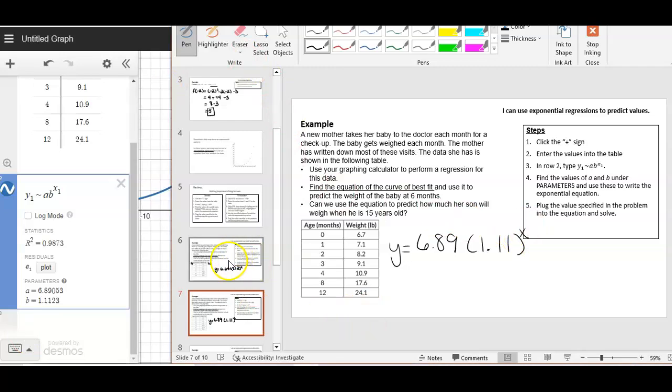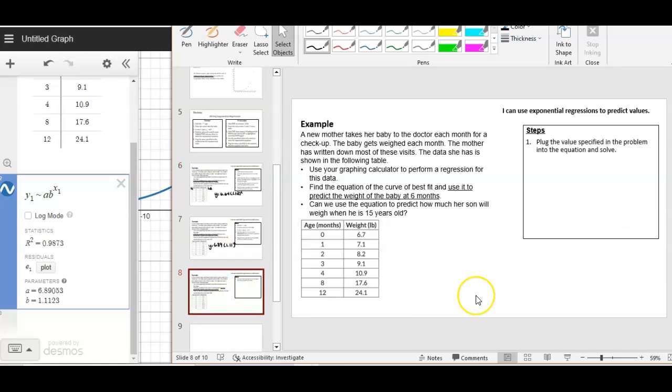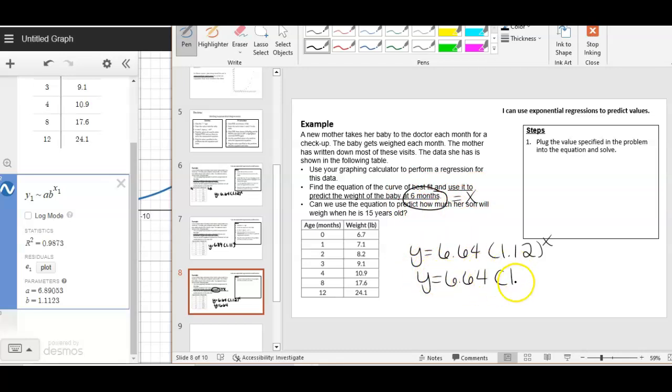Okay, so we can now use this equation to go ahead and approximate the weight of the baby at 6 months. So we have this equation 6.64 times 1.12 to the x. So let's go ahead and use that equation. So we have y equals 6.64 times 1.12 to the x. If we plug in the 6 months, right, that's going to be the value of x. So we have y equals 6.64 times 1.12 to the 6th power.